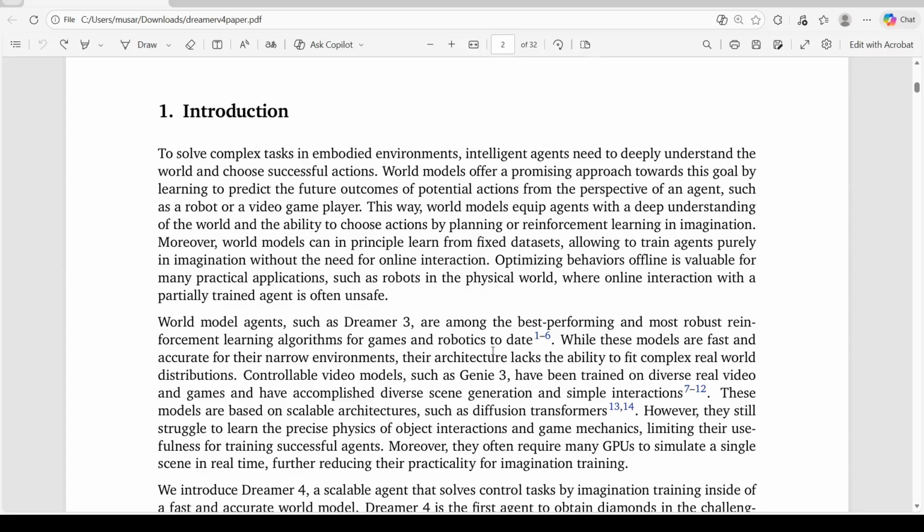So in original Dreamer, which was introduced way back, at a high level, Dreamer is a model-based reinforcement learning algorithm that learns a latent dynamic model and then uses imagination to generate a policy that the model can implement on the environment.